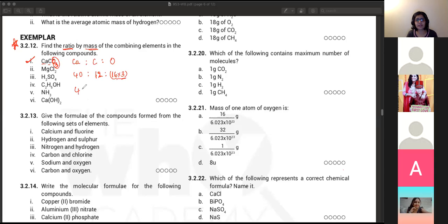So I saw some answers that just put 40 is to 12 is to 48. Whenever you have cases like this, just cancel out the common factors. So 4 10s are, 4 3s are, 4 12s are. So your final ratio will be 10 is to 3 is to 12. Cool, awesome.